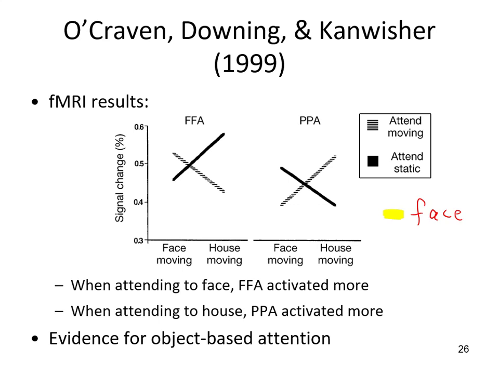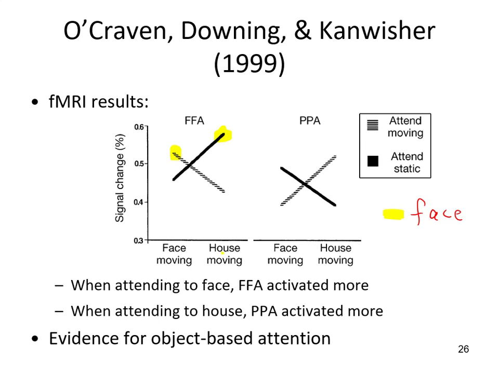If the face is moving and we are attending to the moving object, then we are attending to the face. Do you get it? If the house is moving, that means the face is not moving, then attend static is attending to face.